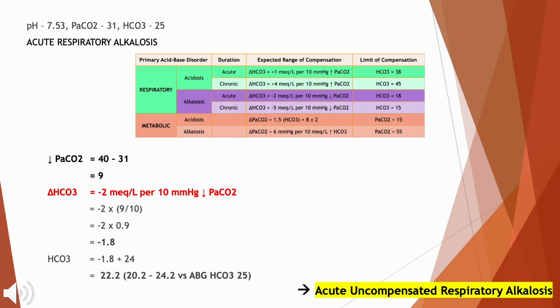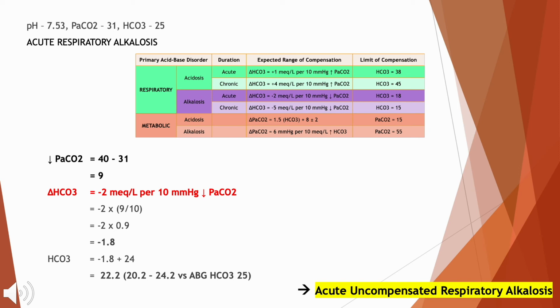Lastly, we compute the expected bicarbonate, and that is 24 minus 1.8. 24 again comes from the midpoint or mean of the normal bicarbonate value, which is 22 to 26. It will give us 22.2. The expected range of compensation is about 20.2 to 24.2.